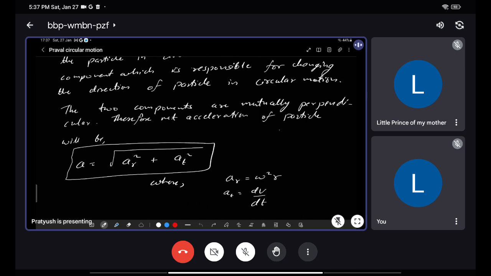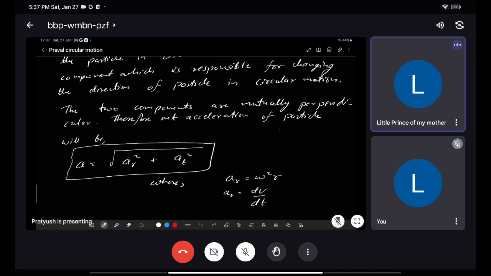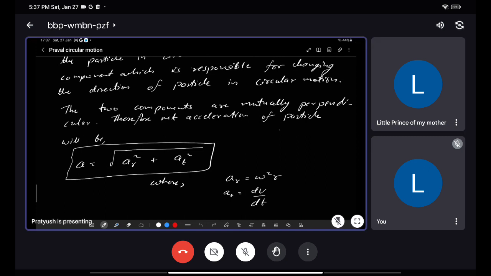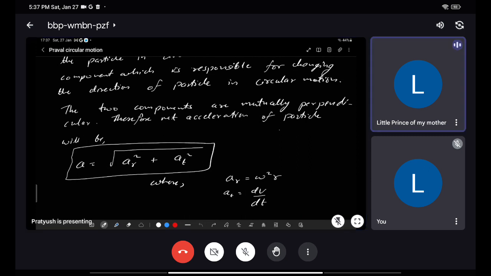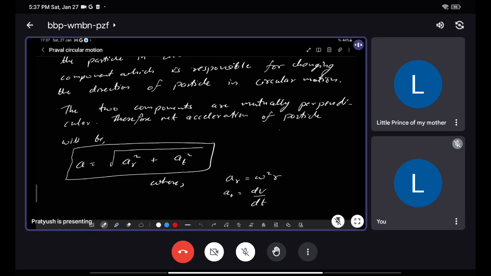For tangential acceleration, we already know acceleration is the rate of change of velocity, so dv by dt. Sir, it should be the magnitude of v, I said. Tangential means due to change in the value, not direction. dv by dt, at is due to the change of value. Due to the change of direction, it is centripetal acceleration.